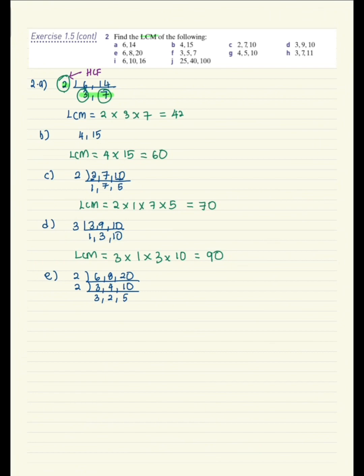Now you can no longer find a common number that 3, 2 and 5 are divisible by. So your lowest common multiple is 2 multiplied by 2 multiplied by 3, multiplied by 2, multiplied by 5. We'll get 120.